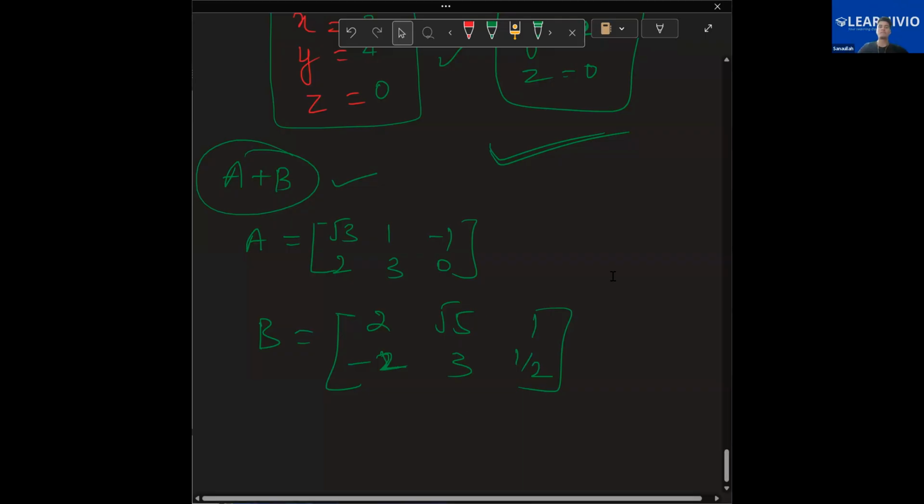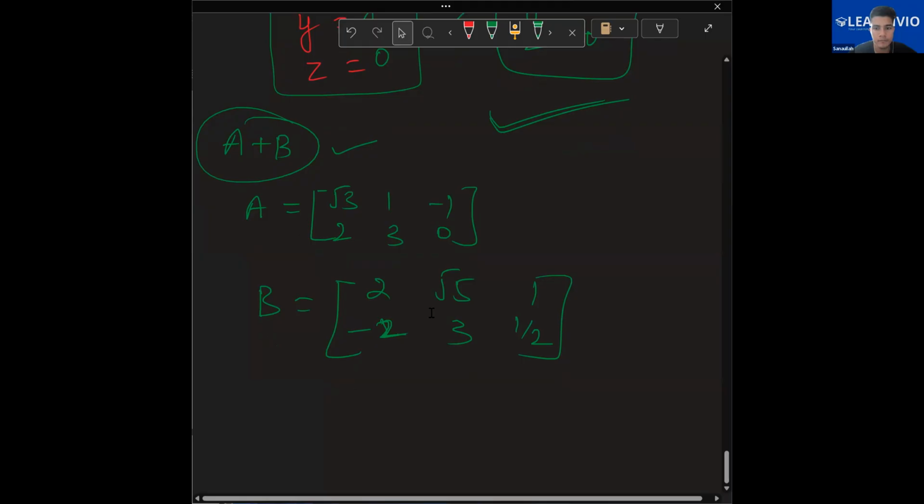Sir, 4 minus root 3. Where is minus? No, this is not minus. 2 root 3. I thought that was minus. 2 root 3. 1 plus root 5.